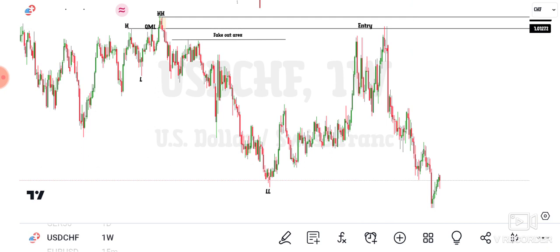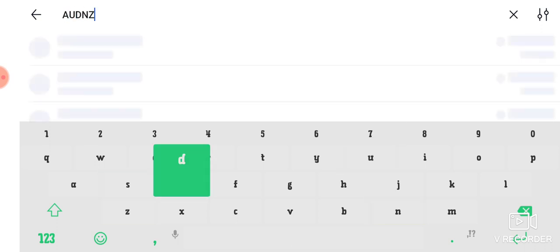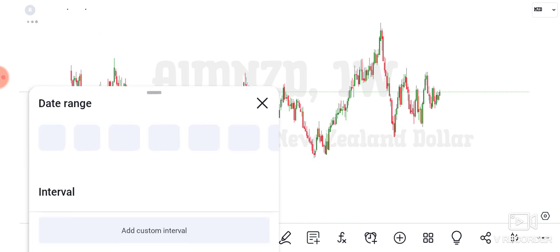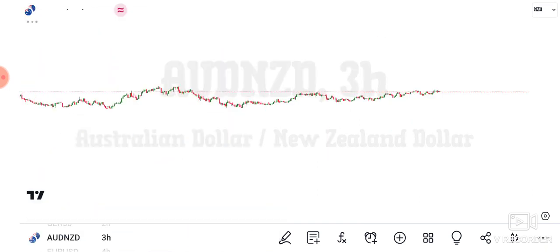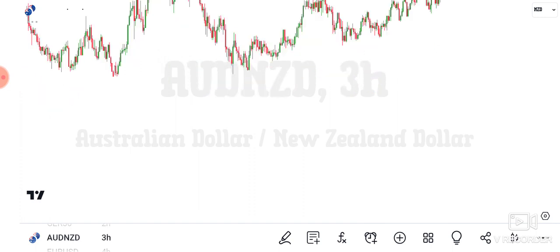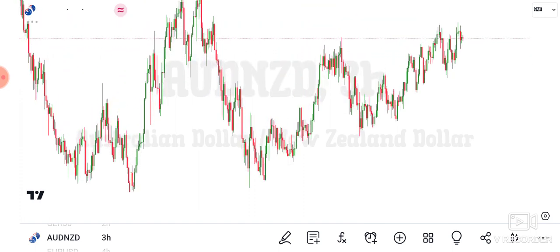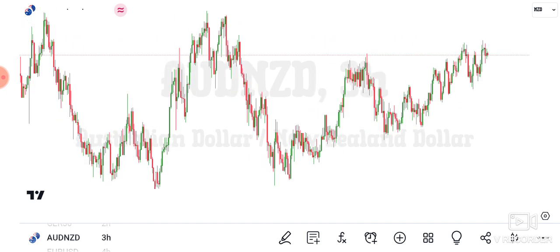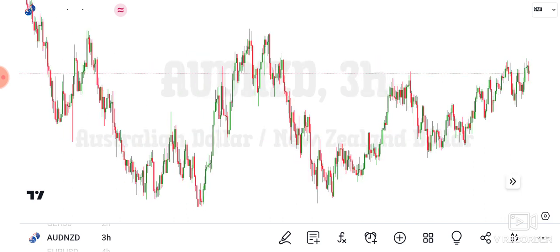So I want us to look at a different pair, like AUD/NZD. Maybe we can look at our three or even our one. It's almost the same thing. You can see this one: we had a market which was in a bearish move.